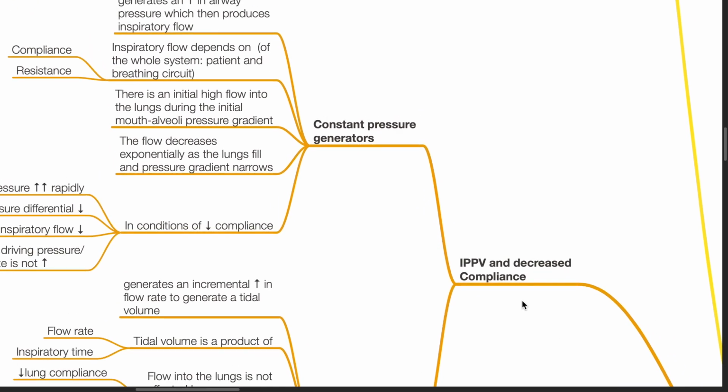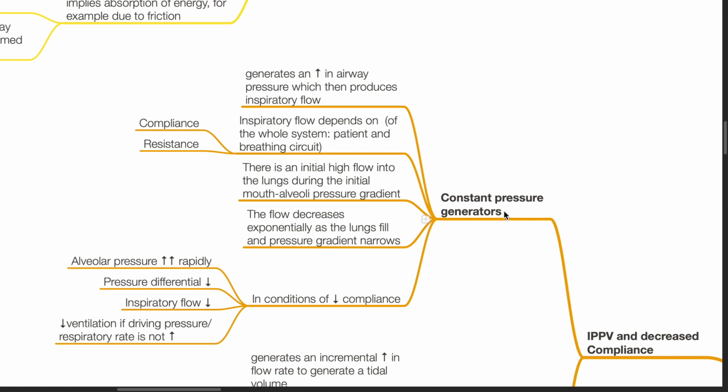Positive pressure ventilation and decreased compliance. Constant pressure generators generate an increase in airway pressure, which then produces inspiratory flow. Inspiratory flow depends on compliance and resistance of the whole system, which includes the patient and the breathing circuit. There is an initial high flow into the lungs during the initial mouth-alveoli pressure gradient.